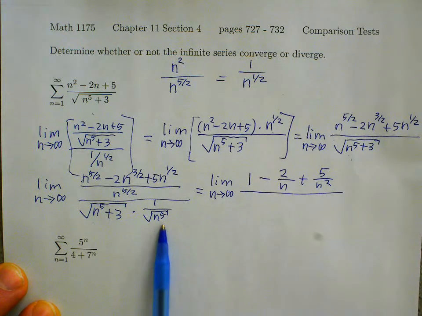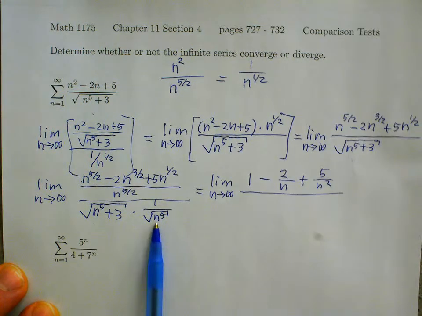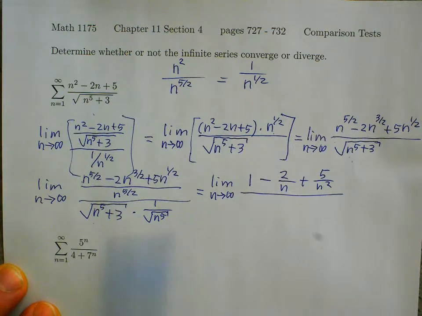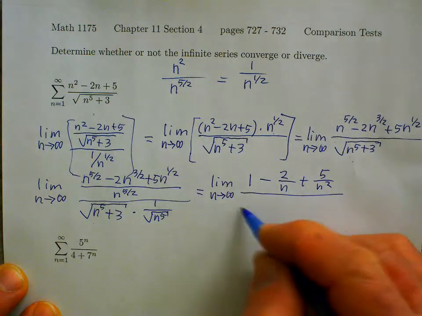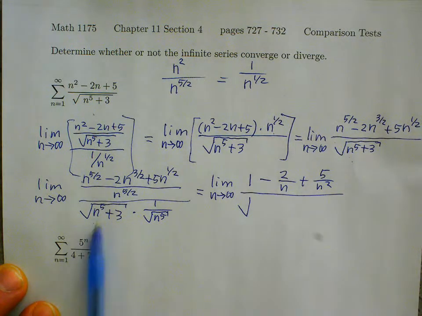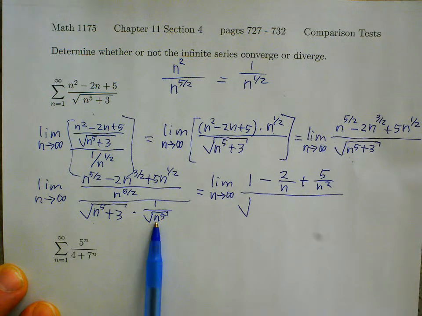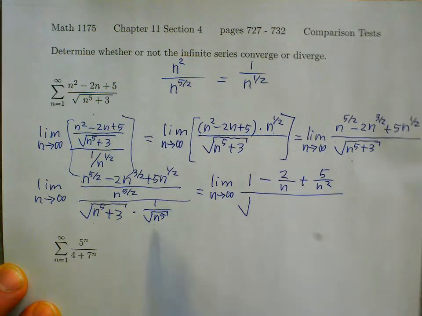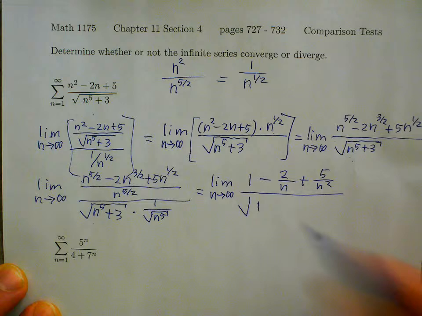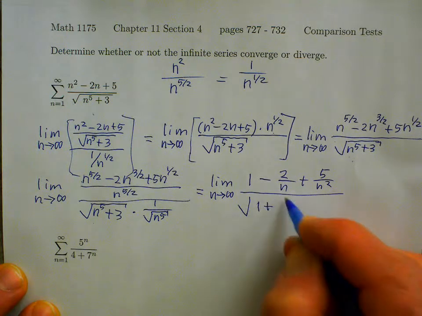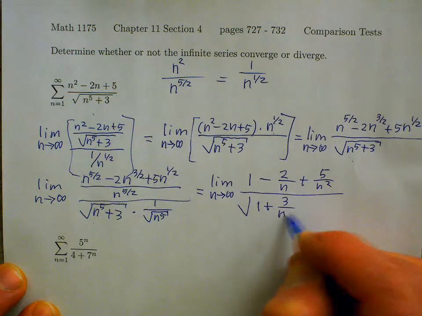And then in the denominator, when we multiply these two terms, we're going to get the square root of n to the 5th divided by n to the 5th, which is just 1, and then plus 3 over n to the 5th.